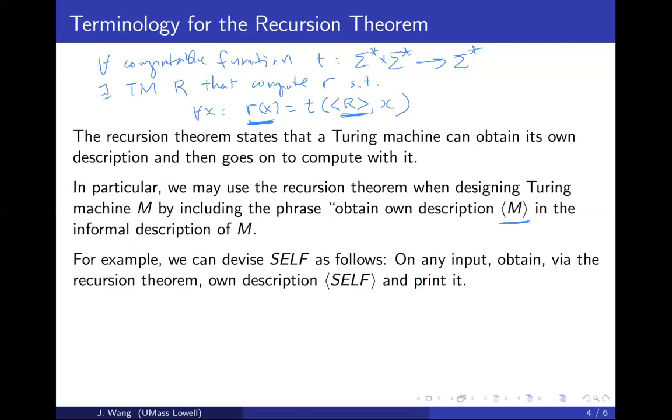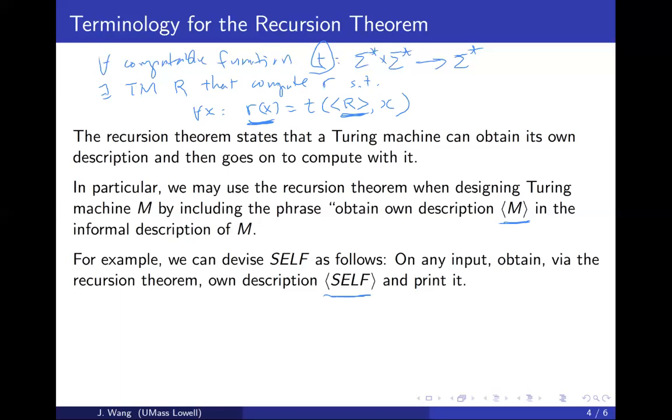For instance, we can devise SELF as follows: on any input, we simply obtain via the recursion theorem our own description and print it. Because T is any computable function, and printing something is a computable function.